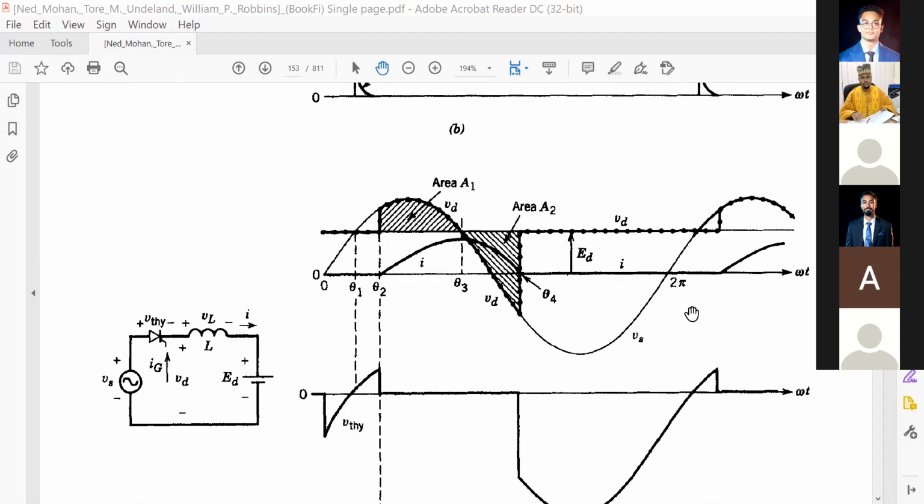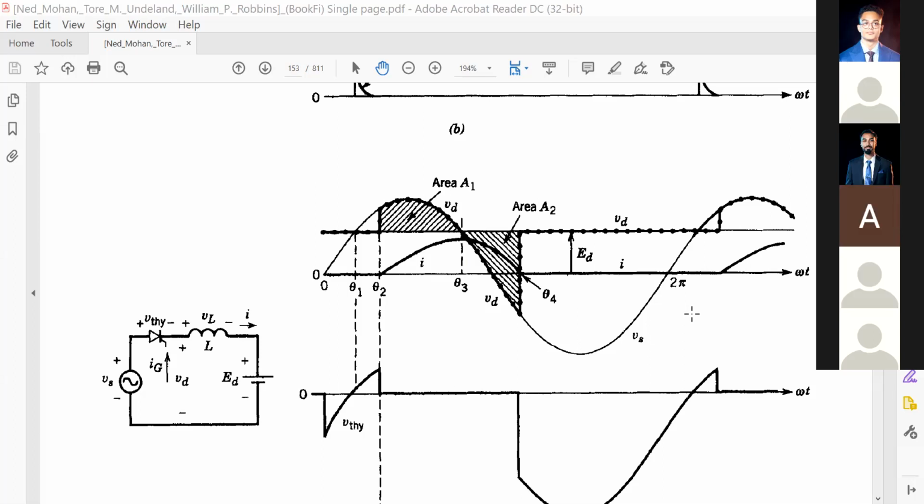Now we shall look at the third figure. What type of load we have used here? Resistive. We did that for the diode case.